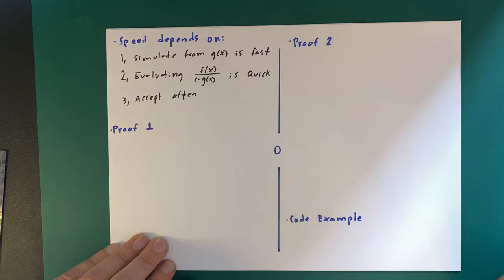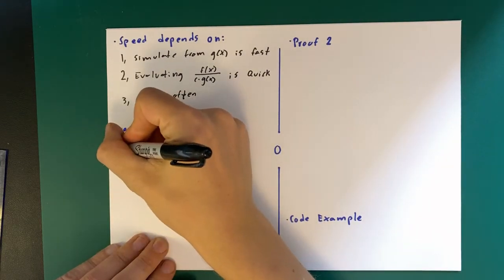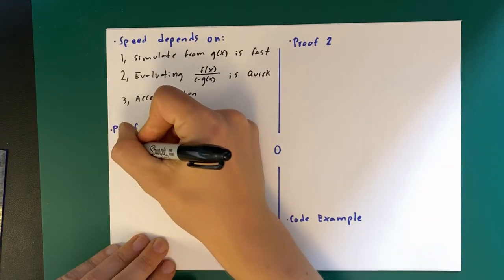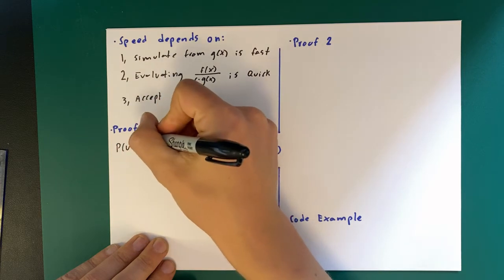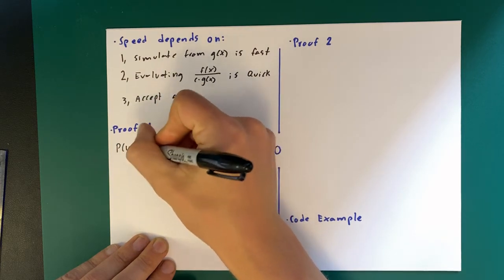Now I'll just prove what we already noted on the first slide: the probability of accepting. Specifically, what I mean is the probability of U less than or equal to f(x) over the envelope.